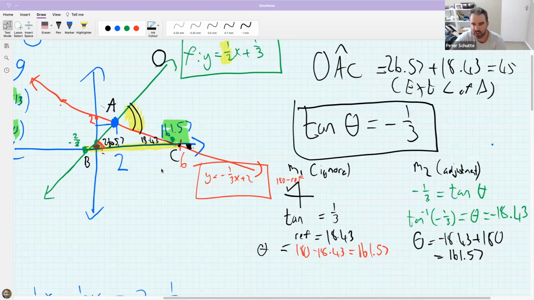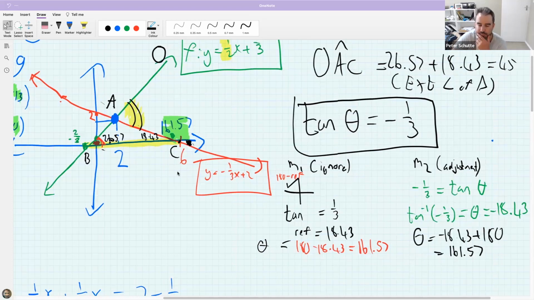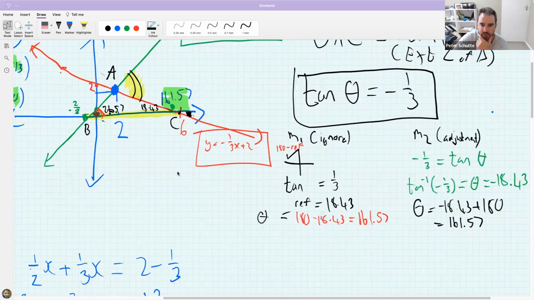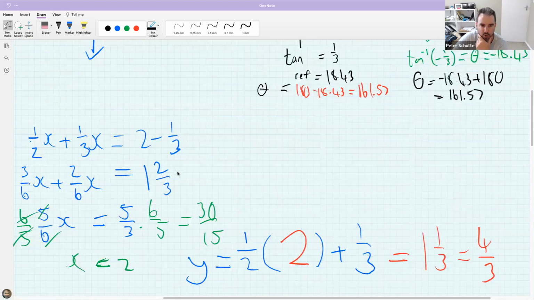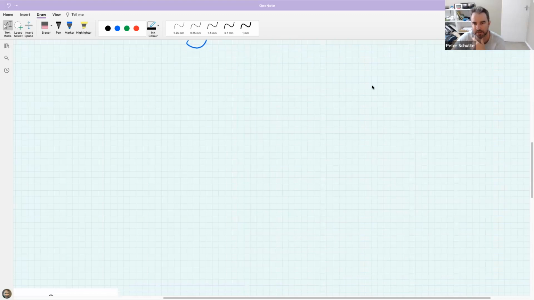What other topics, we've got about 10 minutes left for another question. What type of topics would you like to discuss from this part of the syllabus, or maybe something else? Just put in the chat, and if I see something that comes up enough, I'll make up a question for that. For circle geometry, we're not going to jump to that right now. It'll be too hard to do in this.